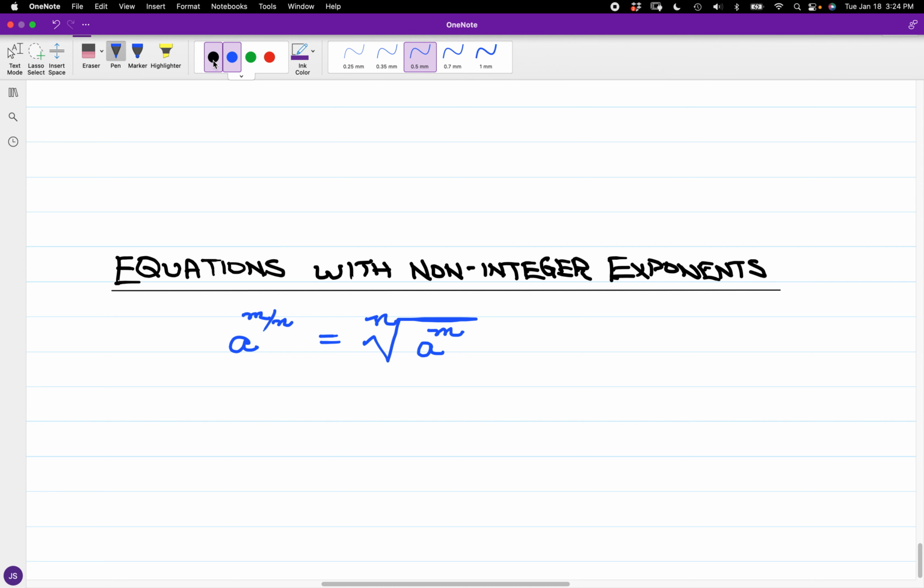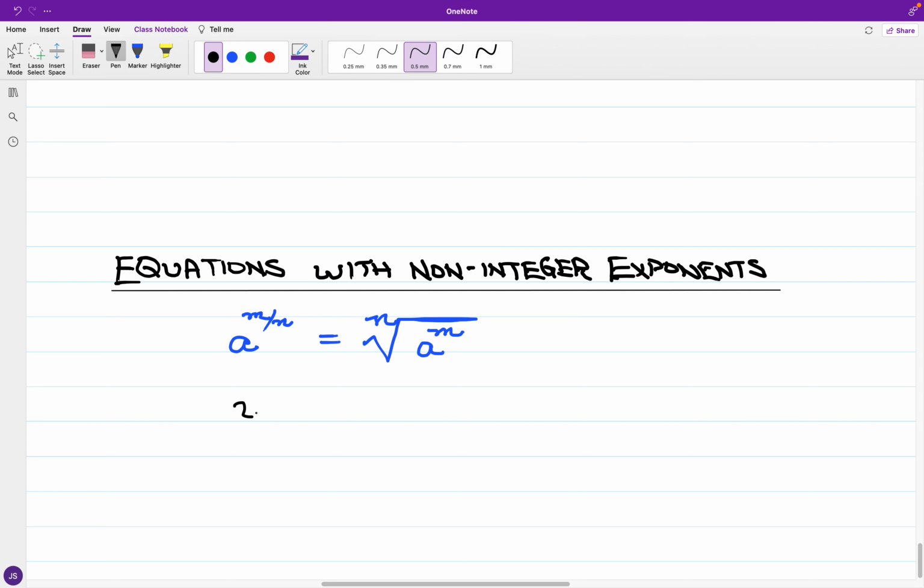And just some examples here. If I have an expression such as x to the 2/3, your denominator value is 3, and that is going to be the index of the radical to which that term is translated. So we'll end up with a cubic root of x squared.